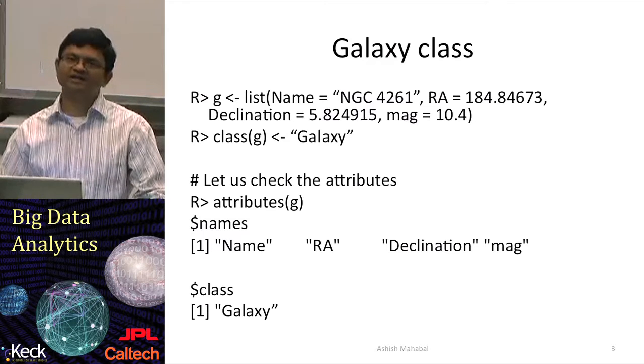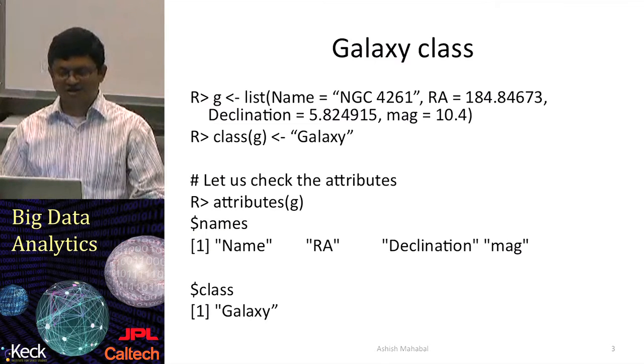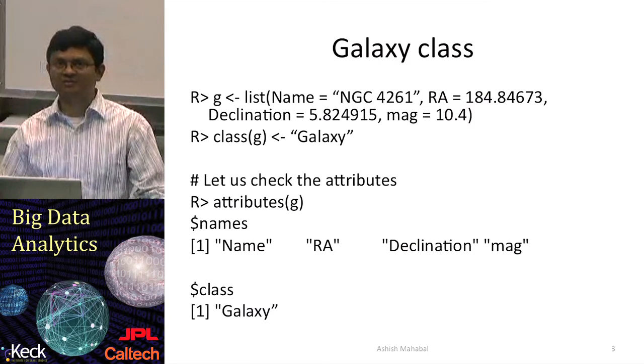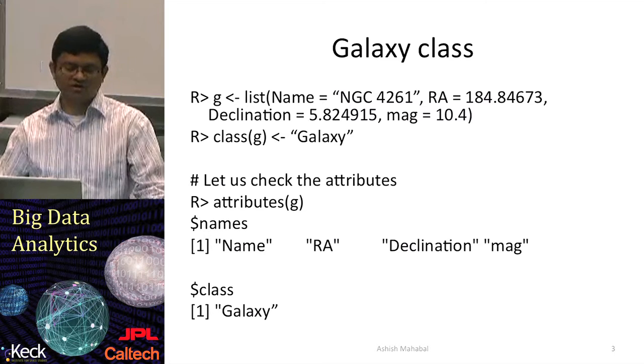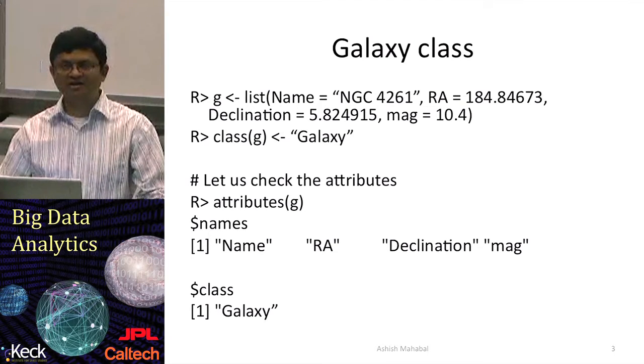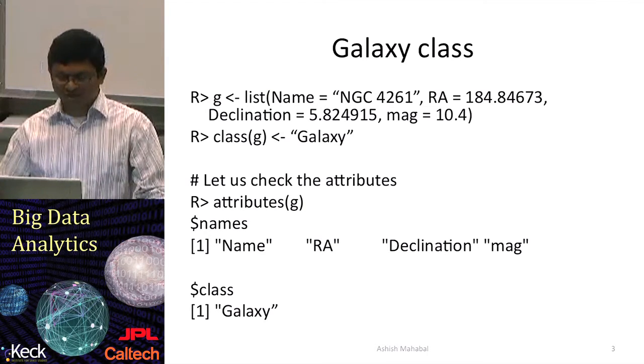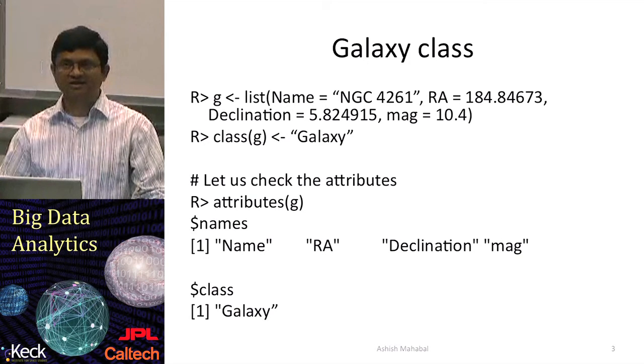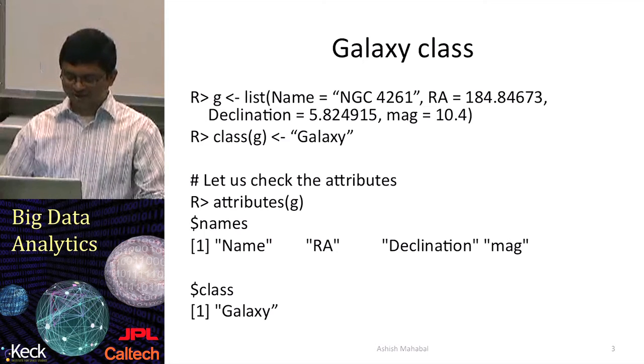Now you can go ahead and check the attributes of the class. Since g is an example, you can say attributes of g, and then it will immediately tell you what are the names available with g. And those are, in this case, name, array, declination, and mag. And then it will go ahead and tell you that the class is galaxy, that is, belongs to the class galaxy.